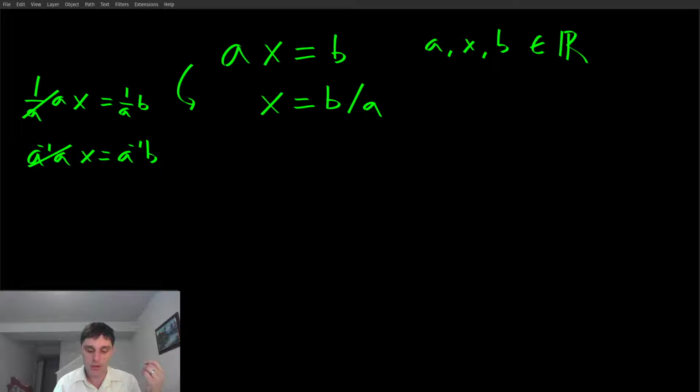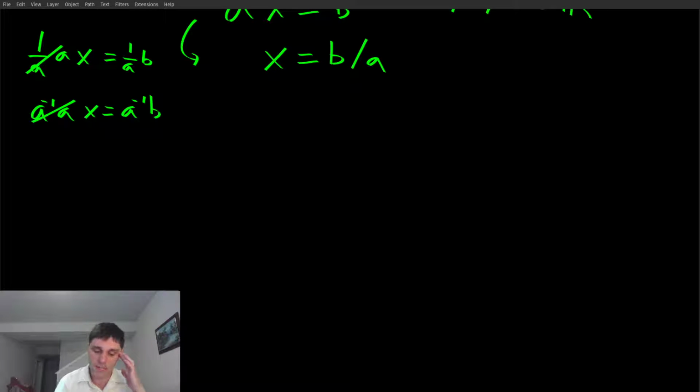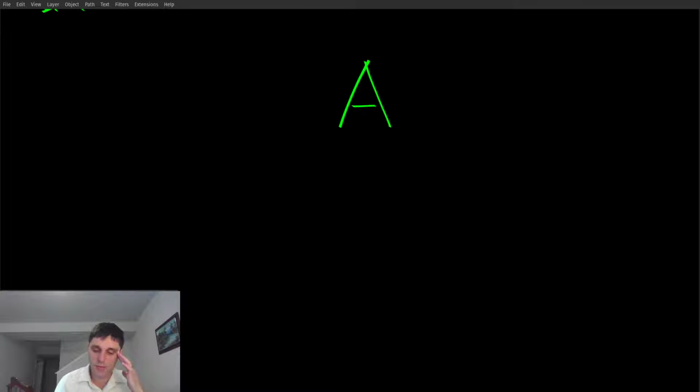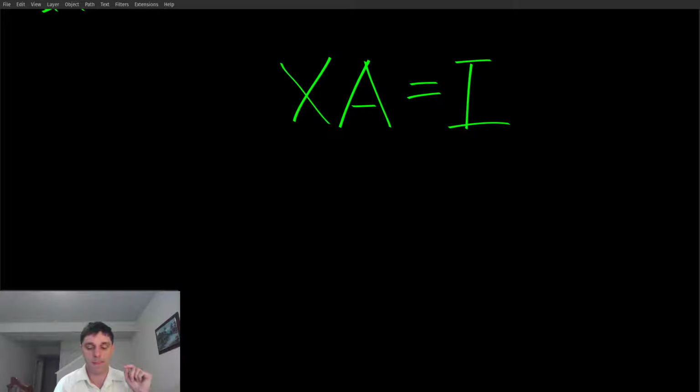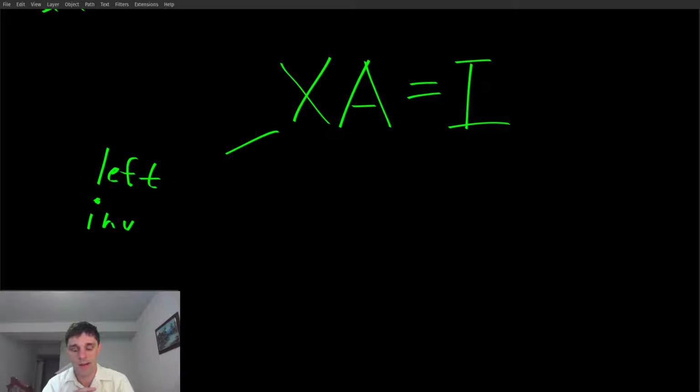Let's say we have some matrix A. If there exists some matrix X such that X times A is equal to I, the identity matrix, then X is a left inverse of A, because we're multiplying A on the left to get I, the identity, which is sort of like the one of matrices.